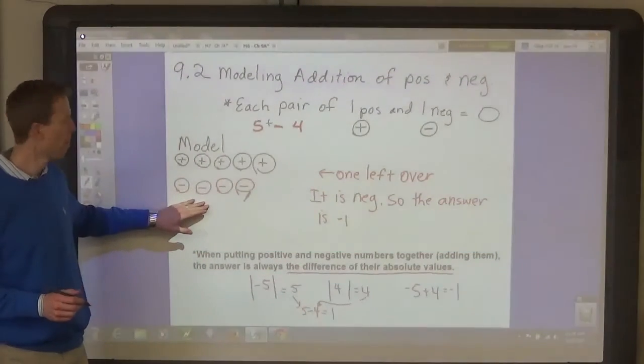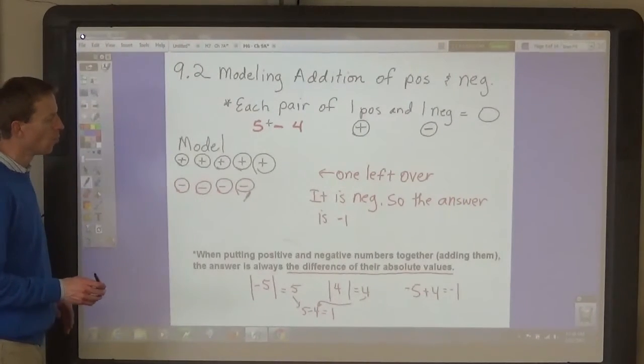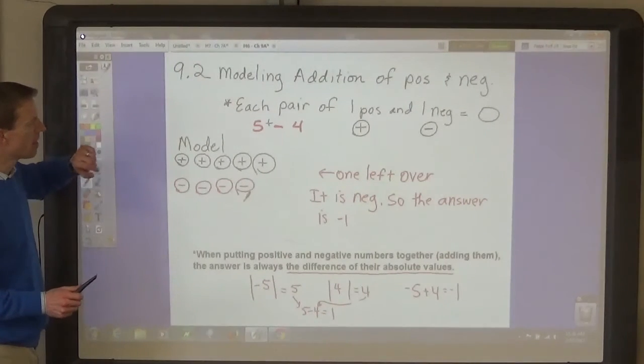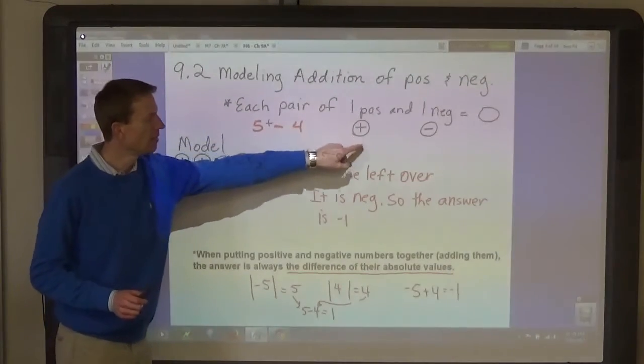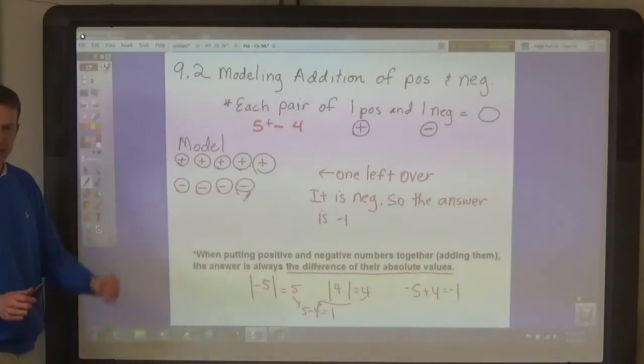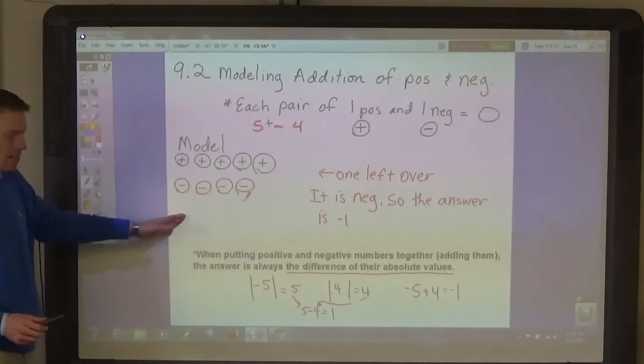Okay? Now, one of the things that you can remember is that each pair of positive and negative numbers is 0. They kind of cancel each other out.